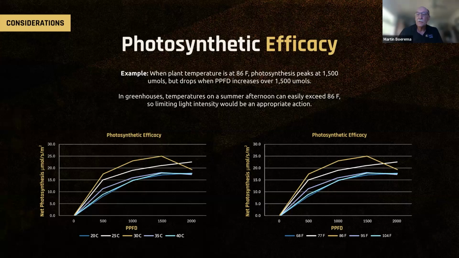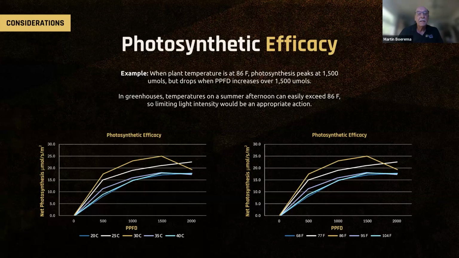There is a scale from 20 Celsius, the middle line here, which equates to 68 Fahrenheit. And the top line, the highest photosynthetic activity, happens at 30 Celsius or 86 Fahrenheit.